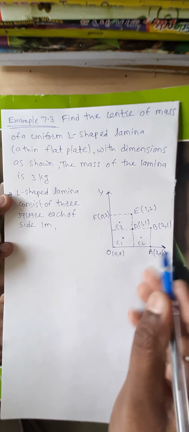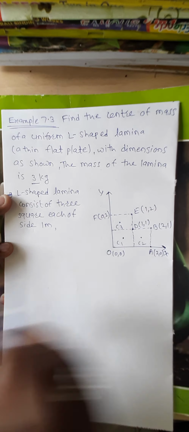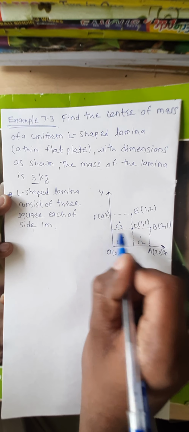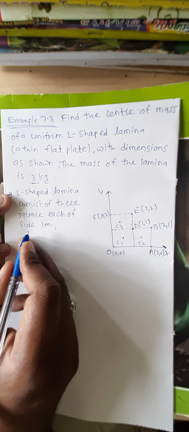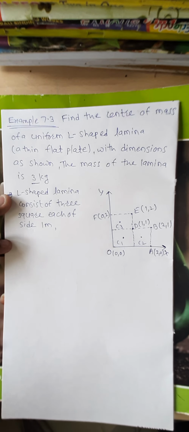And you know that the mass of the L-shaped lamina is 3 kg, and that the lamina consists of 3 squares. Therefore, each square has a mass of 1 kg.